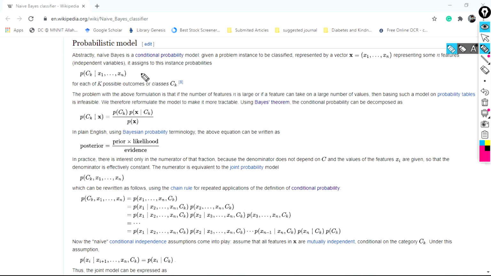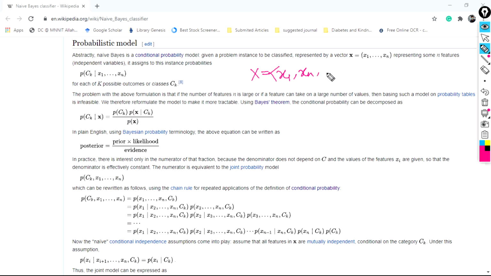So first, let's take x as our data point, that is already given here. Generally, we take d features for a data point, but as we are going parallel to Wikipedia, here we take that our data point has n features. So x lies in n-dimensional space.